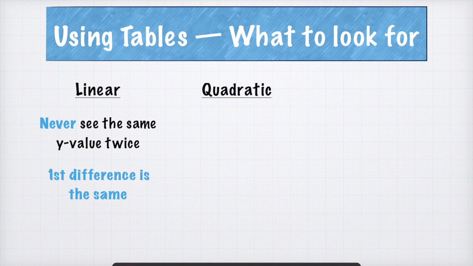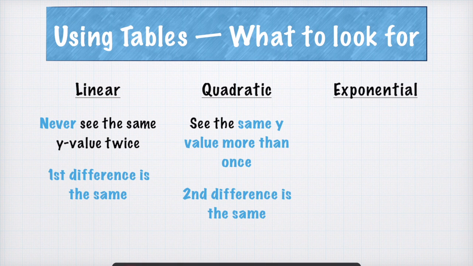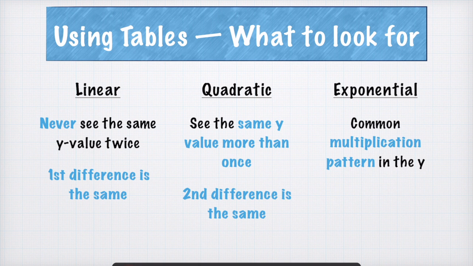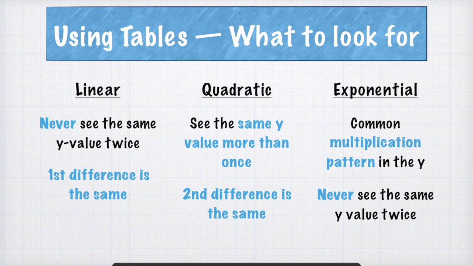For a quadratic, you should expect to see the same y value more than once. Realistically, you'll only see it twice. The second difference is going to be the same in this one, and again, I'll talk about this. It's a little bit confusing, but we'll make it work. And for an exponential, you're going to see a common multiplication power in your y results, or your f of x's, or in your outputs. And you're never going to see the same y value twice. So it's never going to repeat itself.